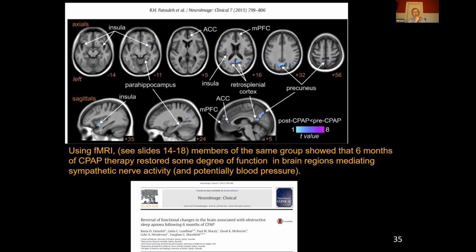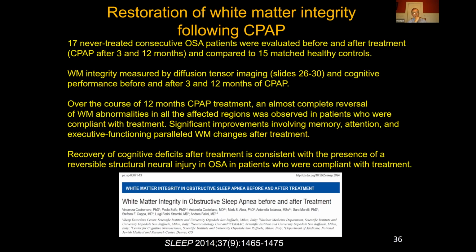But then the real question became, with CPAP, are we able to restore white matter? This has really been a tough issue, because white matter in the brain is harder to measure. We do use DTI as an imaging technique.